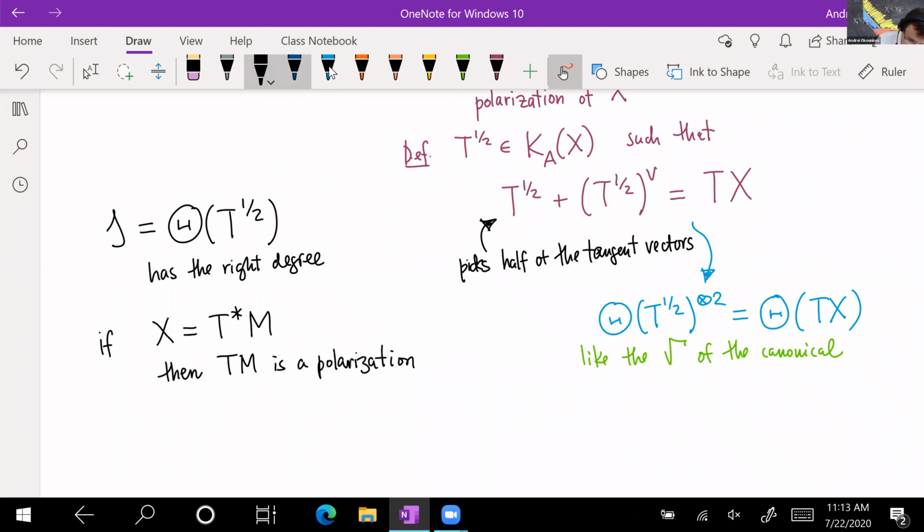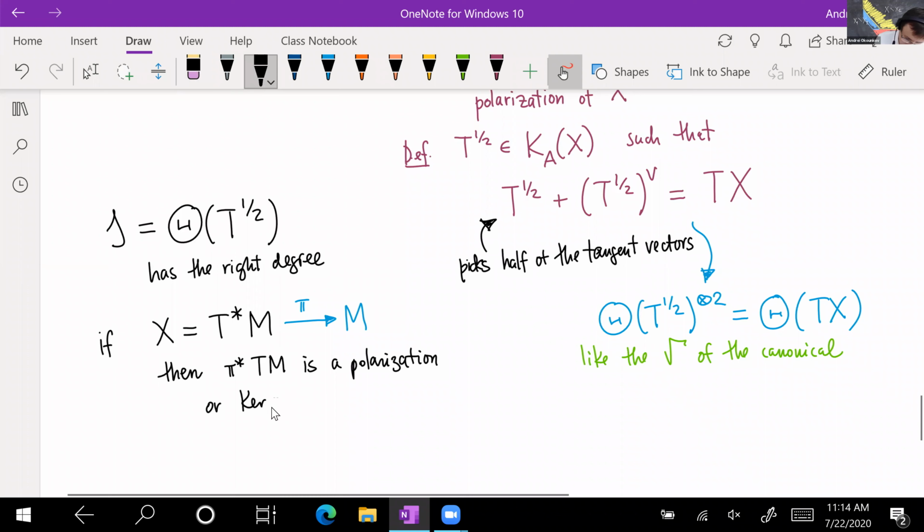Or in general, you can go more canonical: this has a projection pi to M, and you can take the pi pullback of the tangent bundle to M. That is a polarization. Or the tangent bundle to the kernel of d pi. That's another polarization.